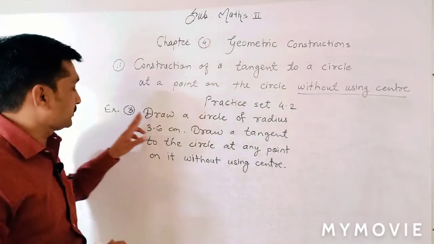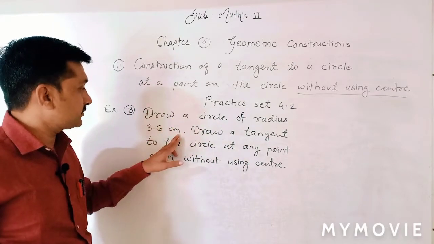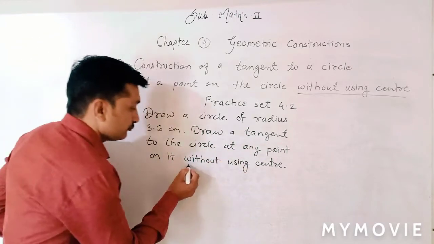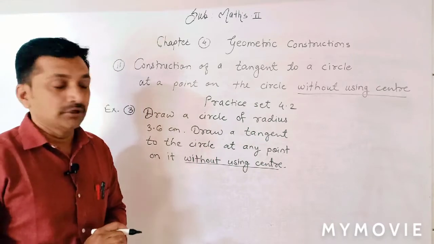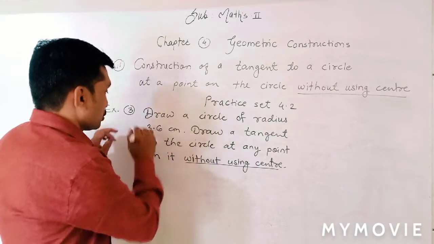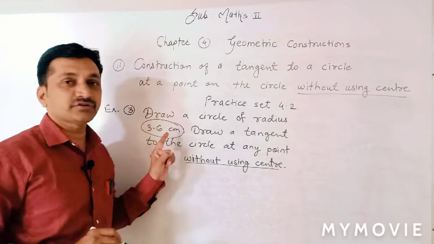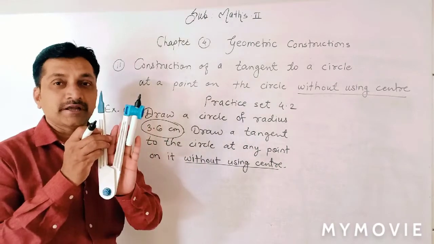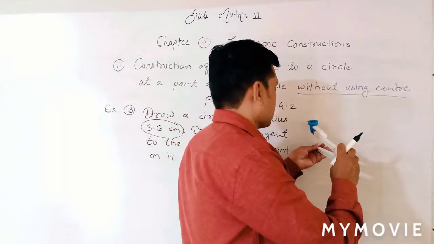Now let's see an example. Draw a circle of radius 3.6 centimeter. Draw a tangent to the circle at any point without using the center. This is the main point here in this example. Now first of all, draw a circle with radius 3.6 centimeter. In the compass, take 3.6 centimeter distance and draw a circle.